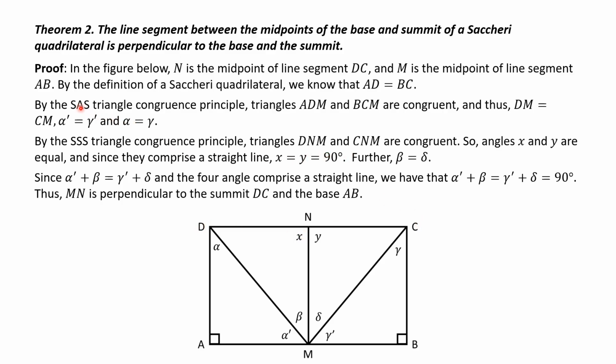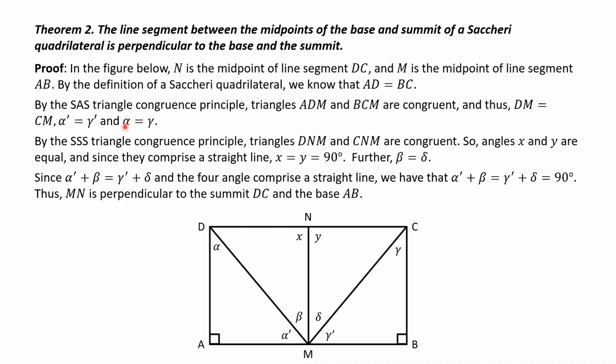By side-angle-side, triangle ADM is congruent to BCM. That's because these two sides here, AD and BC, are the same by the definition of the Saccheri quadrilateral. AM is equal to MB because we've defined M to be the midpoint, and these are both 90 degrees by the definition of the Saccheri quadrilateral.